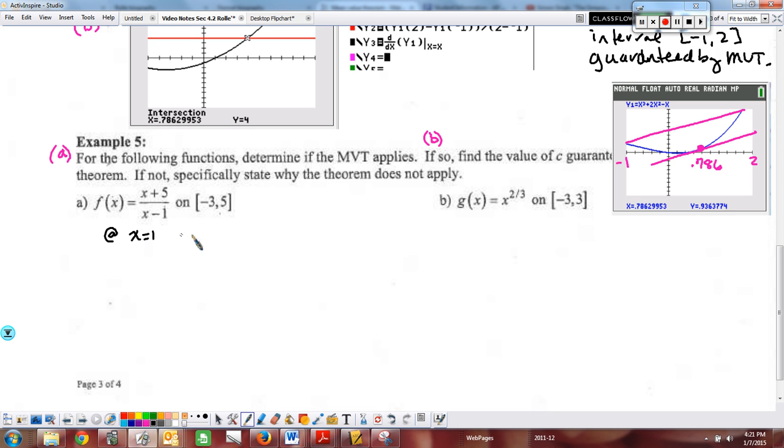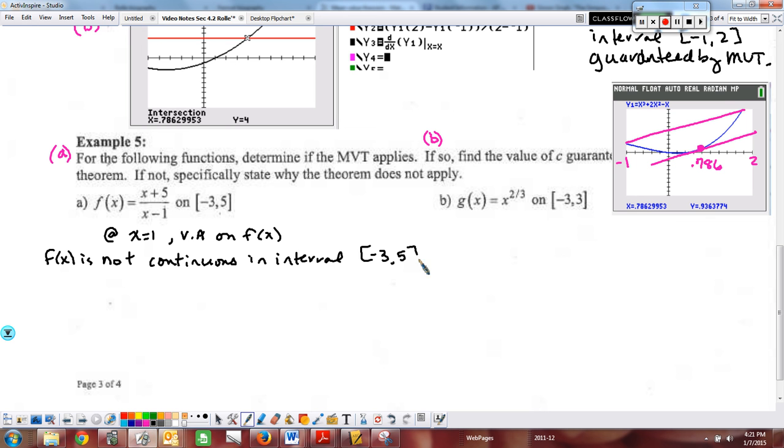At x equal to 1, there is a vertical asymptote on f of x. So we are not continuous. f of x is not continuous in the interval -3 to 5. Now, don't just jump because you have a rational function and say that MVT doesn't apply, because what if my interval, instead of being -3 to 5, had been, say, -3 to 0?